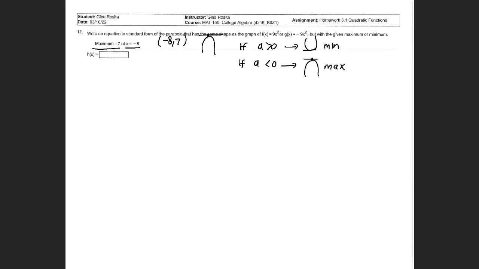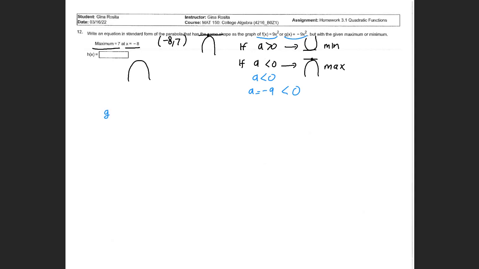So the parabola is like this. Which one do we choose, f of x or g of x? We choose a less than 0, because a equals negative 9. So we choose g of x.